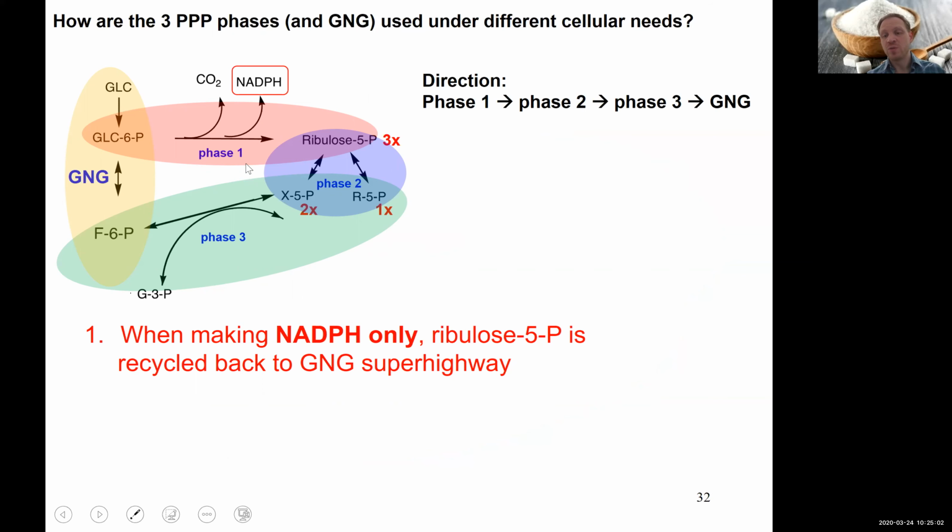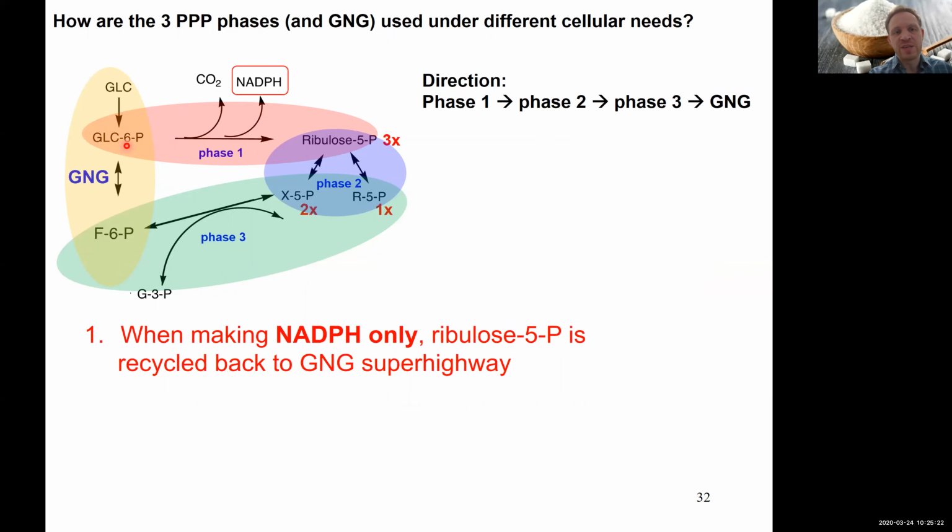So what do we want to do then, right? We want to recycle our glucose-6-phosphate as much as possible so that we can make as much NADPH as possible while using as little of our sugars as possible. So in this case, we are running the PPP and the GNG as a full cycle.